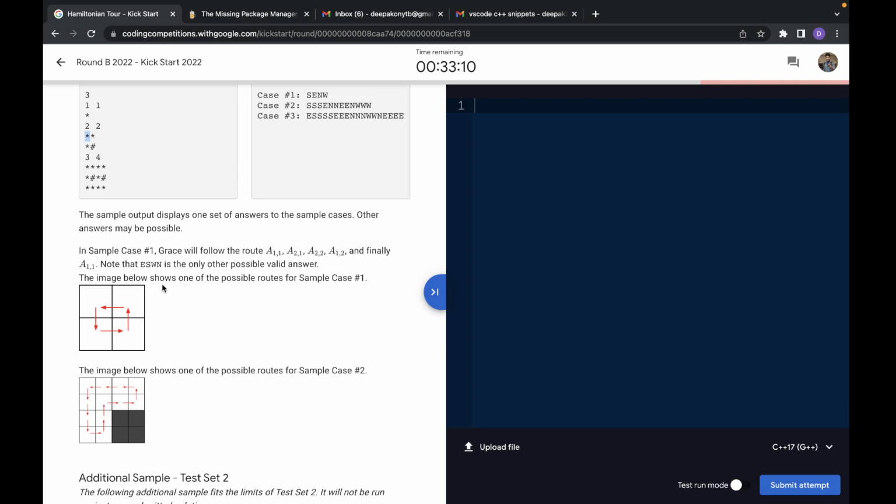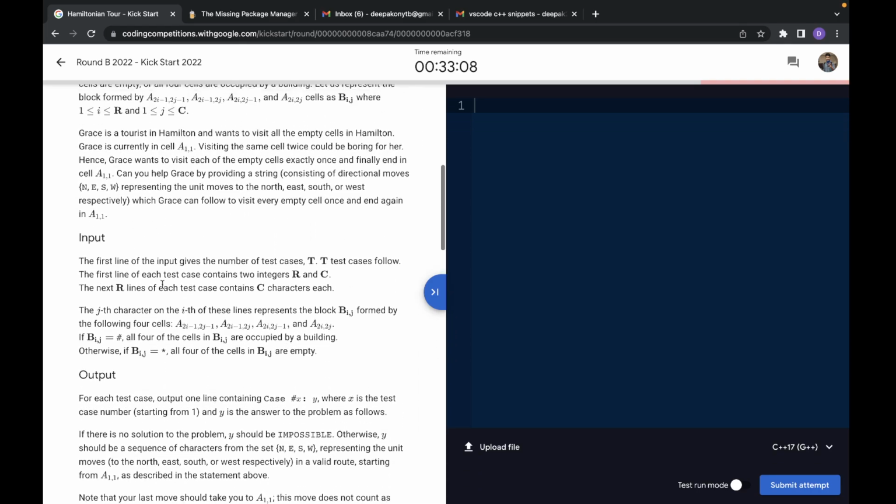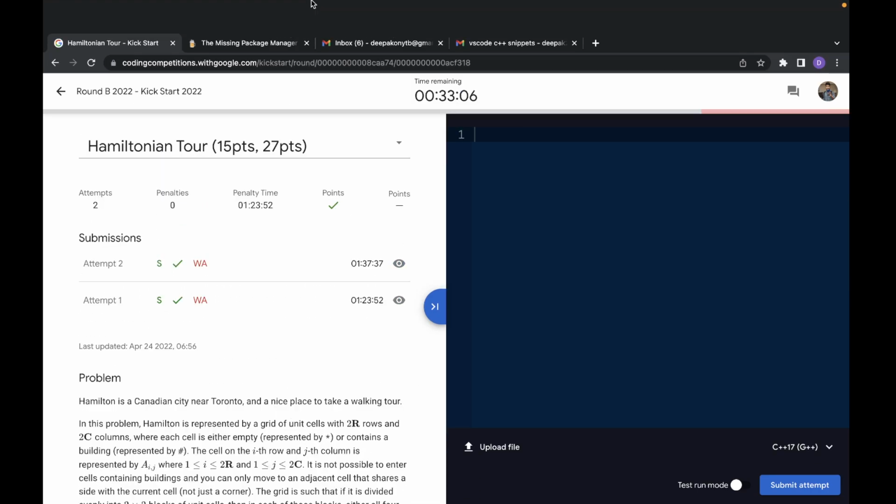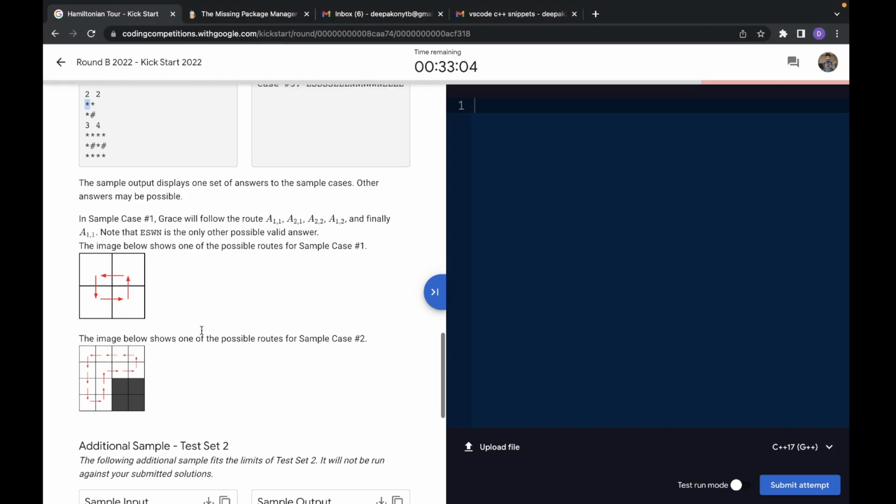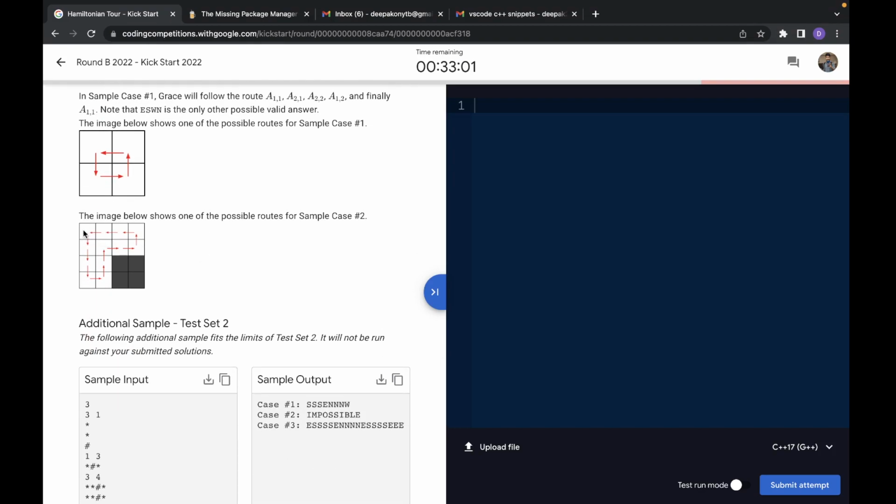And what you have to do is find a Hamiltonian cycle, I think, in this graph, Hamiltonian tour actually. So you start from the very first cell and you'll have to come back to this first cell somehow. And you have to visit every empty cell once.